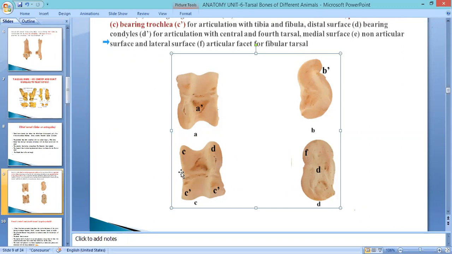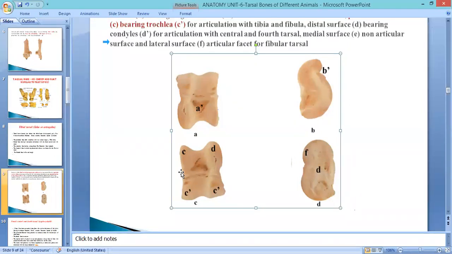So if anybody asks you what is tibial tarsal, then you say that it is the second largest tarsal bone. The name tibial tarsal is because it is located just below the tibia bone, because we have gone through the tibia bone distally having 2 facets, and the tibia having 2 malleoli, medial malleolus and lateral malleolus.